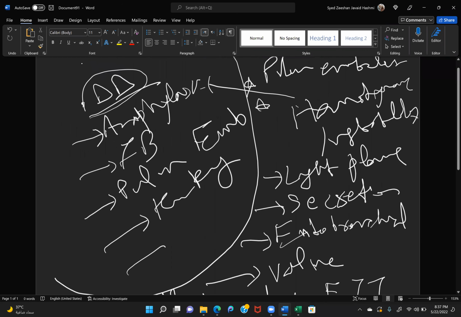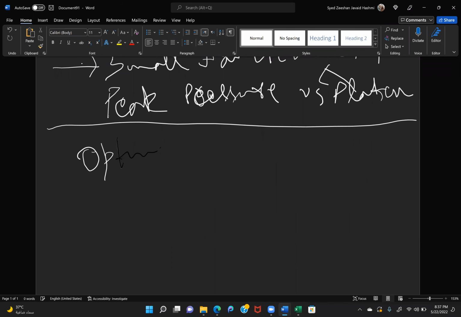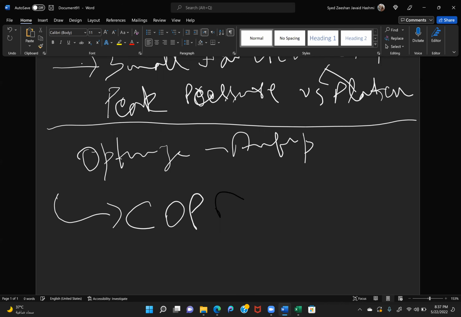The theme for the discussion at the moment is optimization and anticipation of possible problems. What will be the extra things in COPD?